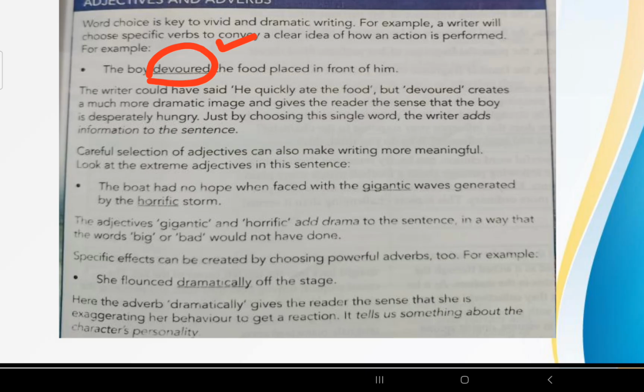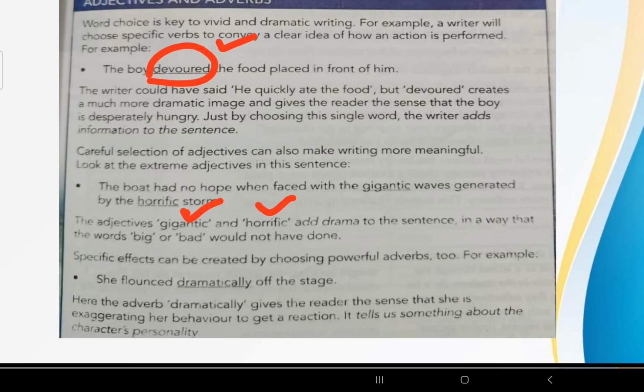Then another one: the boat had no hope when faced with the gigantic waves generated by the horrific storm. So the adjectives "gigantic" and "horrific" add drama to the sentence, and this is the way you are going to do it in the use of language task, in a way that the words "big" or "bad" would not have done.